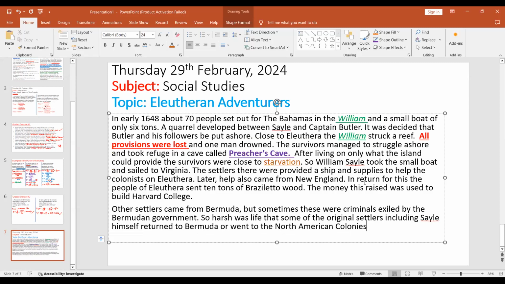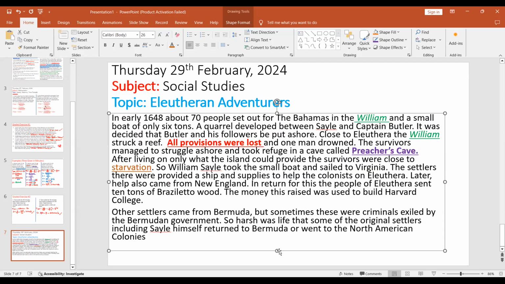So life there was not easy. Obviously their initial reason for going there was for freedom, but it still didn't make it easy, right? They still had to struggle and experience the harsh life of living in Eleuthera, right?